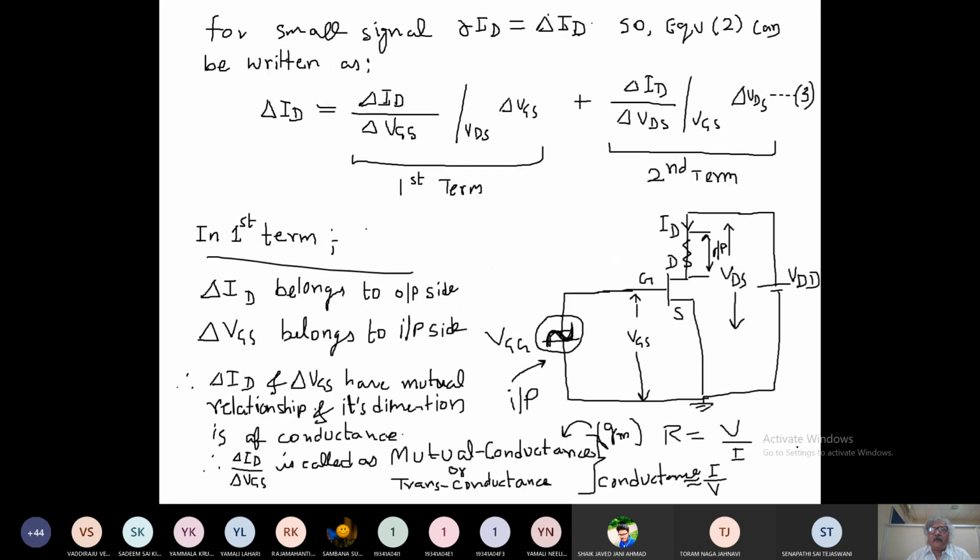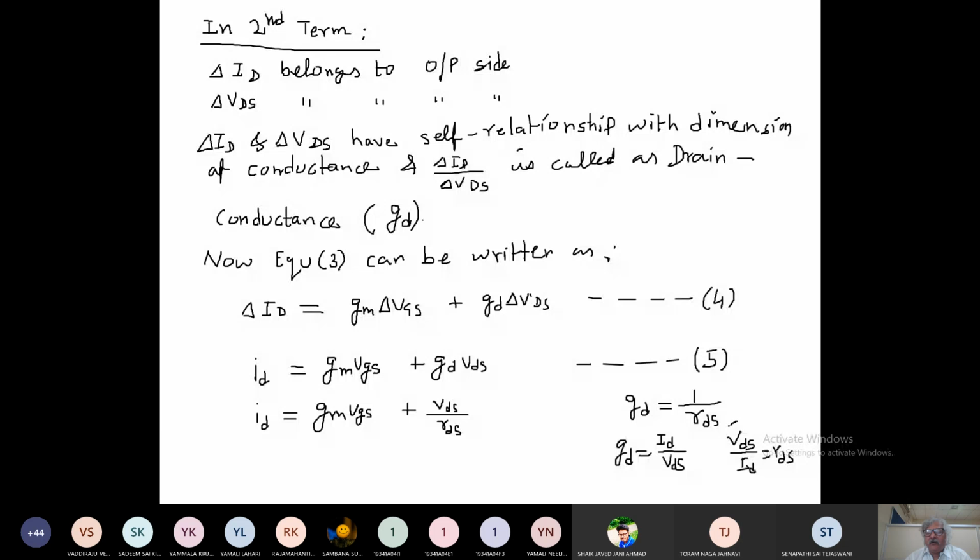Here, see, this is the FET. In this FET, current ID is flowing, and VDS is the voltage drop across this. So VDS by ID will be the resistance of this drain to source and material of this device. GD is ID by VDS, so GD you can also write as 1 by RDS.